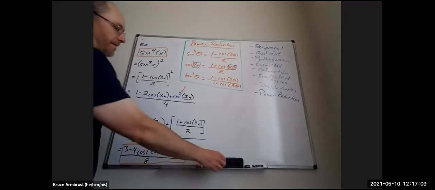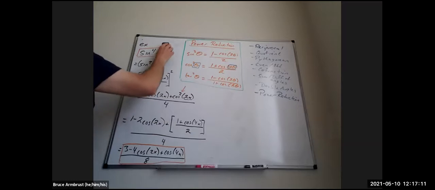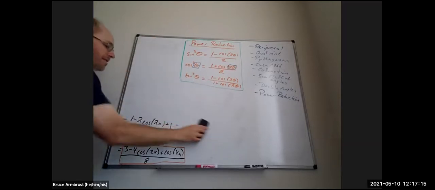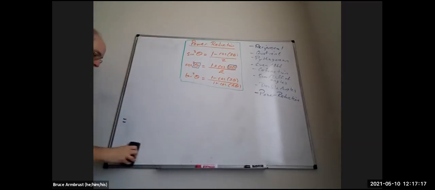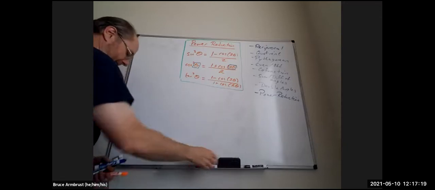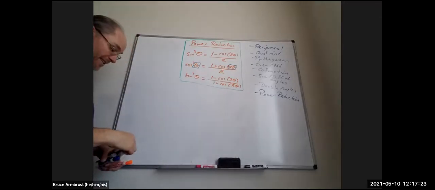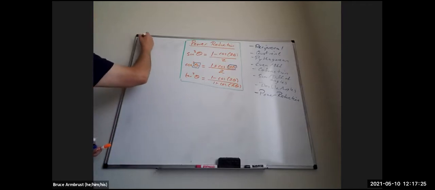All right, so the next set are what we call the half angle identities. Get ready, because these are going to surprise the hell out of you.